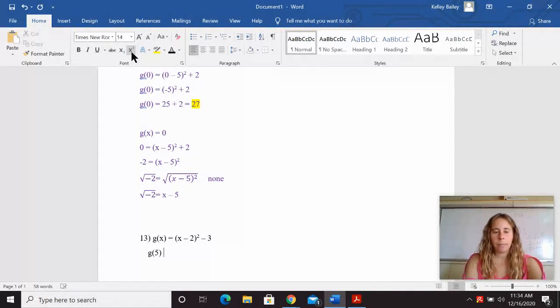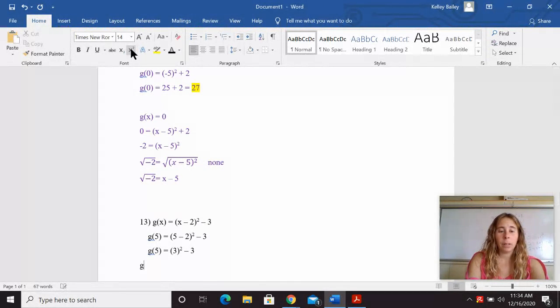So that's going to be (5 minus 2) squared minus 3. g of 5 equals 5 minus 2 is 3, so 3 squared minus 3. 3 squared is 9, minus 3 equals 6. So your answer would be 6. When x is 5, y is 6. All right.